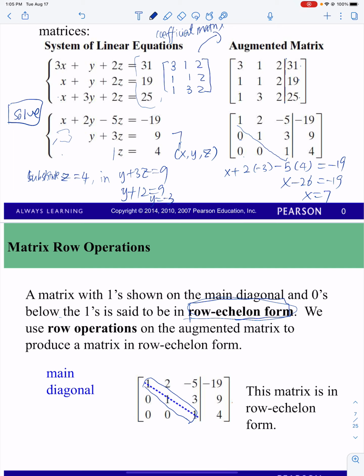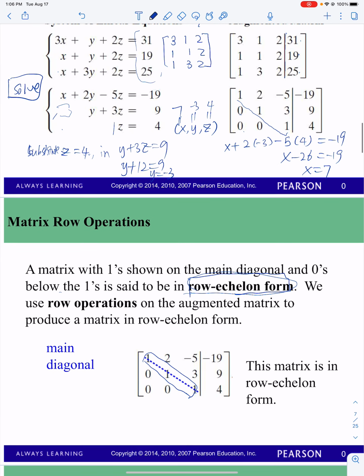So if you have the row echelon form, it's very easy to solve this question, yeah. Because you can find z, y, x very easily. So this is why they wanted you to have the row echelon form, okay.